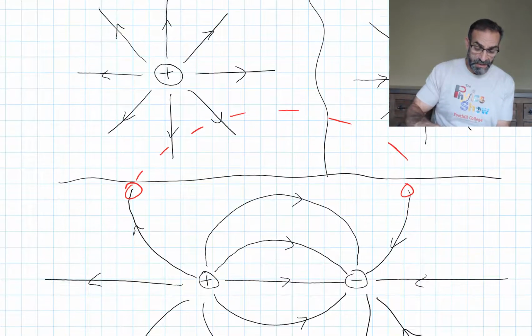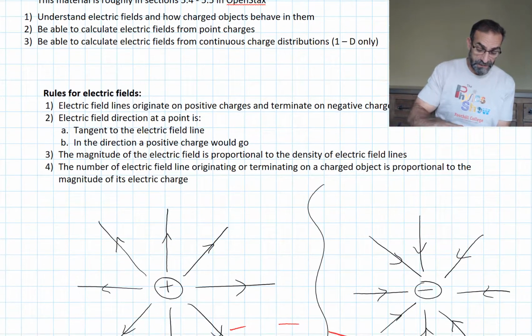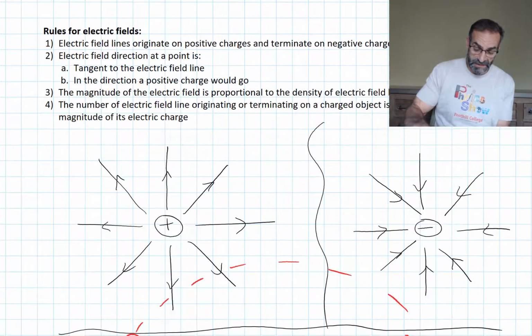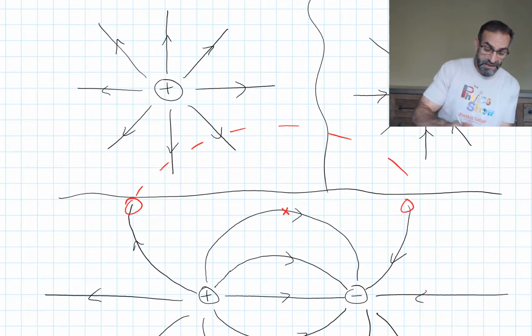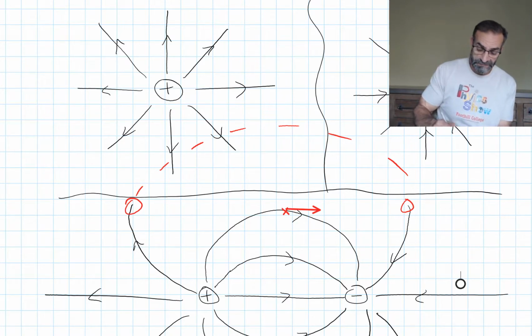Now, what else do we want to know? The direction of the electric field at some point. We want to know at this point, what's the direction of the electric field? Well, the electric field is tangent to the electric field line. So the electric field would point in this direction at that point.